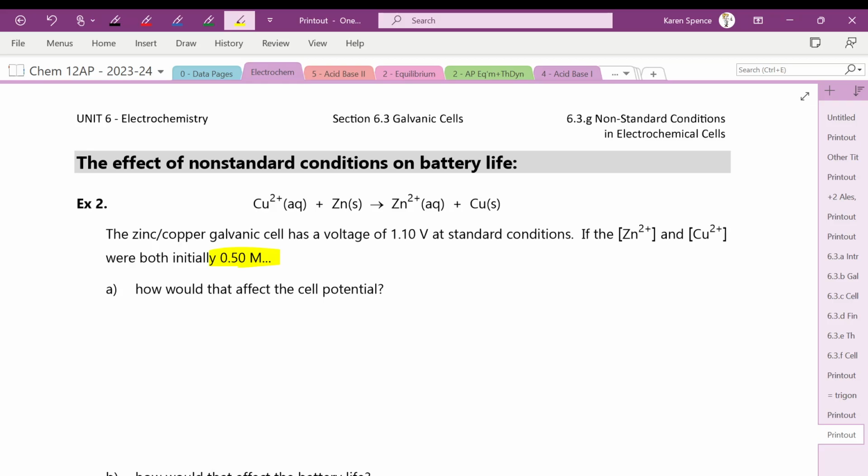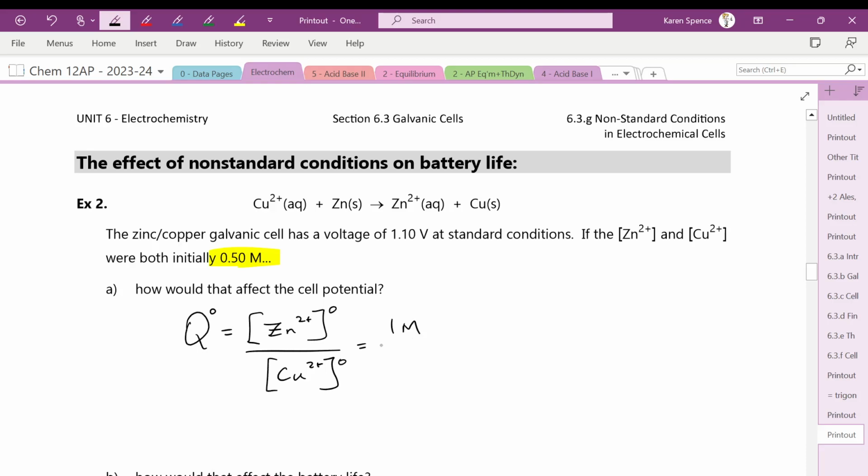What do we think? What would it do to cell voltage or cell potential? It's going to stay the same because if we take Q is equal to zinc 2 plus over copper 2 plus, and if we say that these are our standard conditions, then we have 1 molar over 1 molar, which is, of course, 1, but Q new is going to be 0.5 molar over 0.5 molar, which is 1.